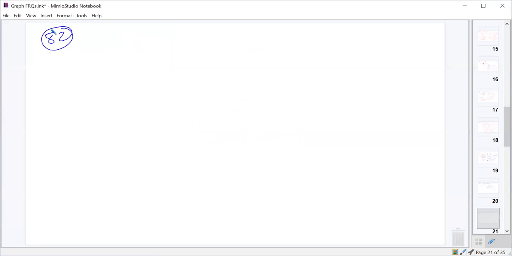All right, 82. Oh boy, a maple syrup storage tank that is 16 feet tall hangs on a wall. The back of it is the shape of a parabola, y equals x squared. All the cross sections parallel to the floor are squares.